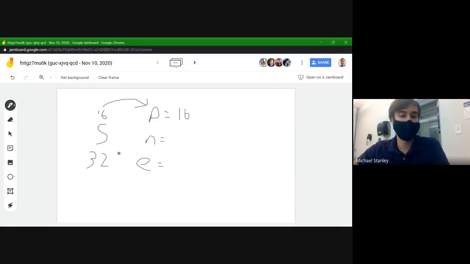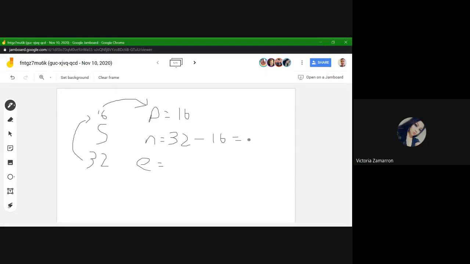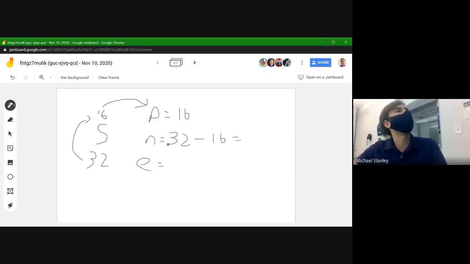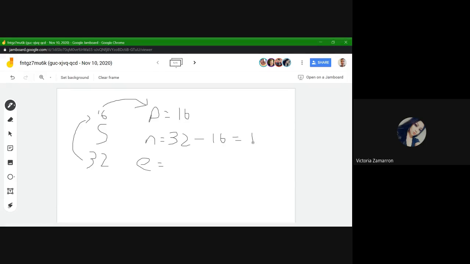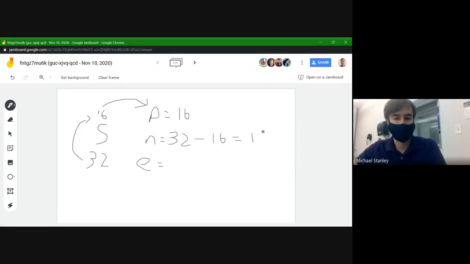So if we do the weight, which is 32, minus the atomic number, which is 16, so the weight is down here, and we do minus the number, then how many neutrons are in sulfur? 16. Not quite. Remember, we're doing 32 minus 16, not the other way around. Oh, so it's just regular 16. It's regular 16, exactly.